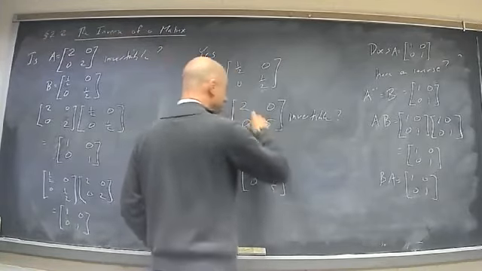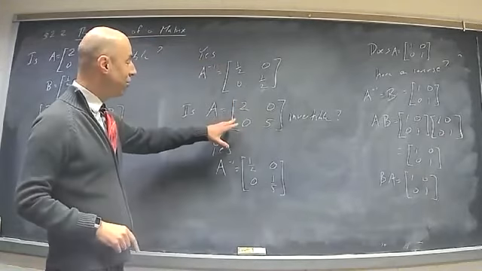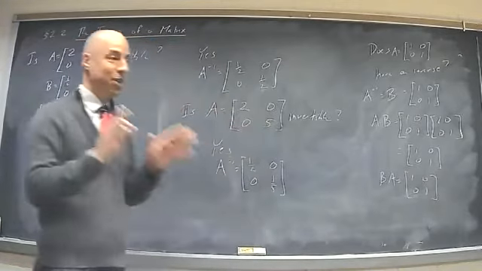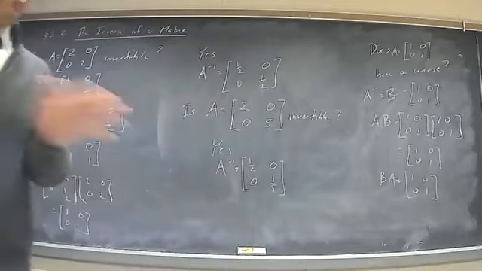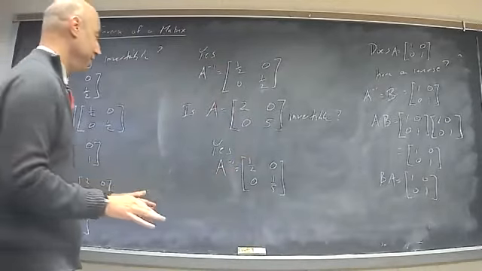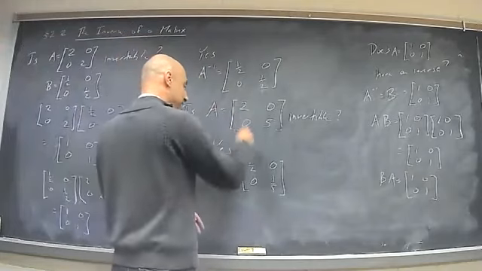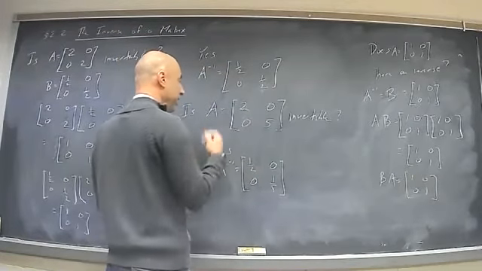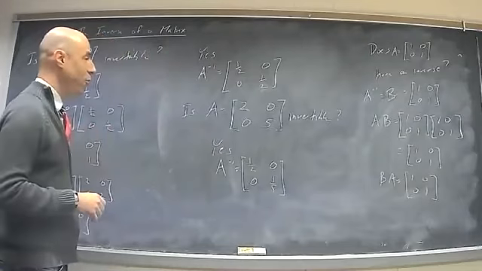It's really easy to multiply diagonal matrices together. Basically, you just multiply the diagonal entries and everything else stays 0 when you multiply two diagonal matrices. We love diagonal matrices. It's very easy to multiply two of them together. And if you multiply in that order and in the other order, you get 1, 0, 0, 1.